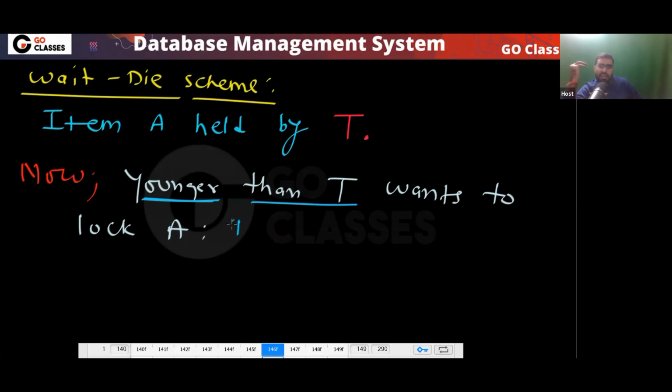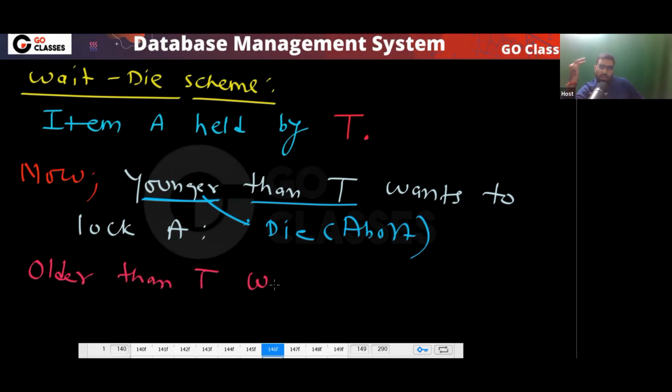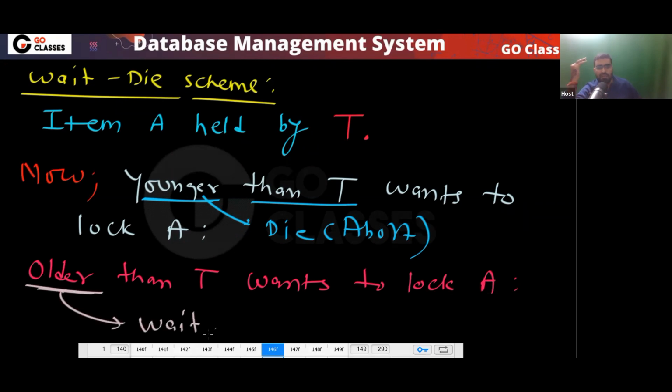This younger transaction will die, or abort. And if a transaction older than T wants to lock A, it will wait. It will keep waiting for T to release.